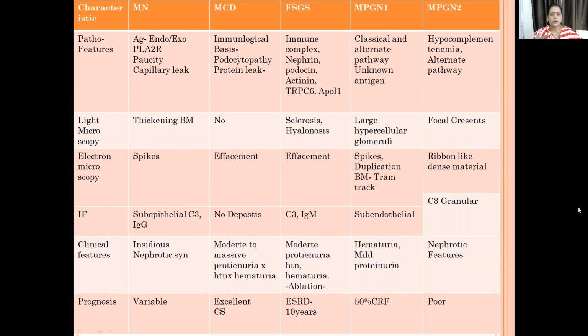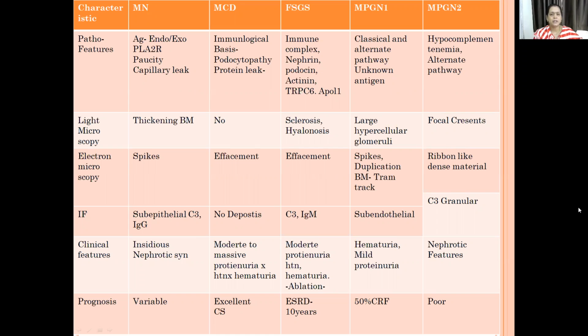So what is trying to degrade these immune complexes? The glomerular cells which are normal will try to degrade this by producing oxidases and proteases. These enzymes will then cause damage to these immune complexes which are attached to the epithelial cells of the glomerular structure, and then what happens? There will be capillary leak.